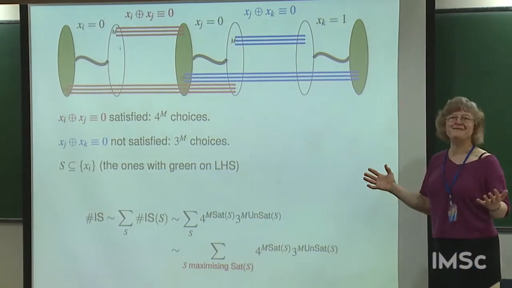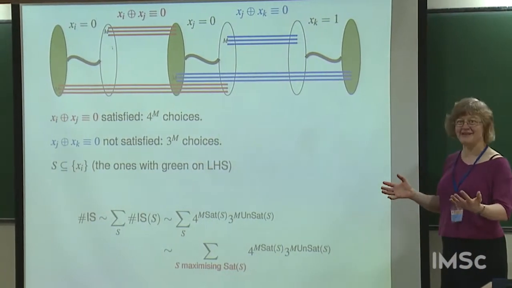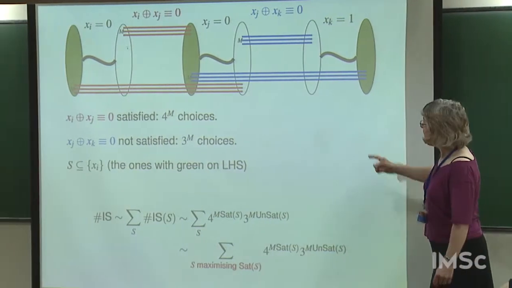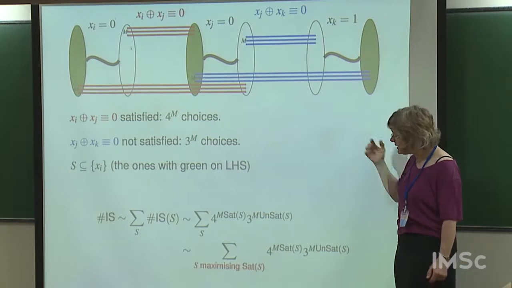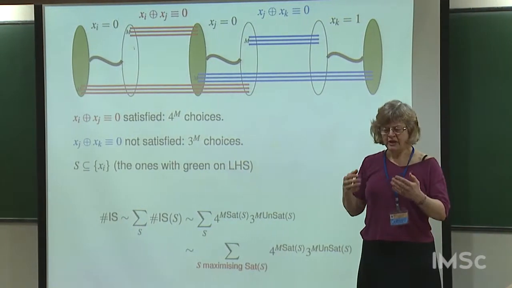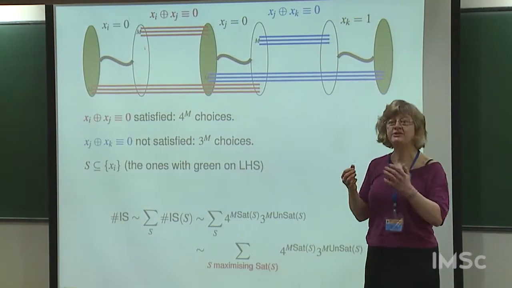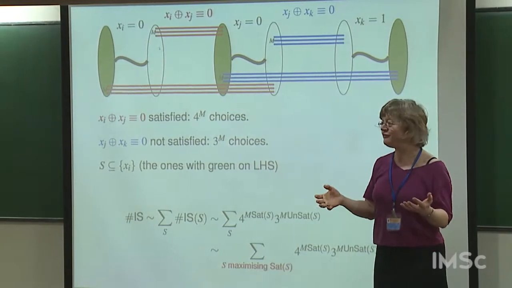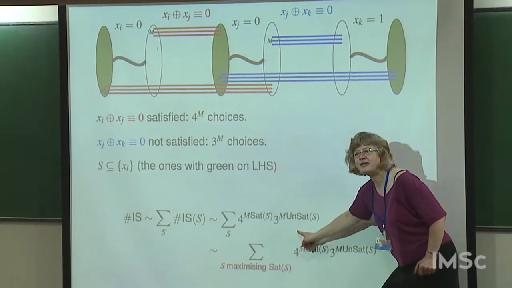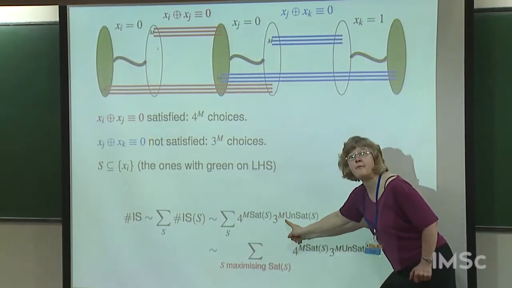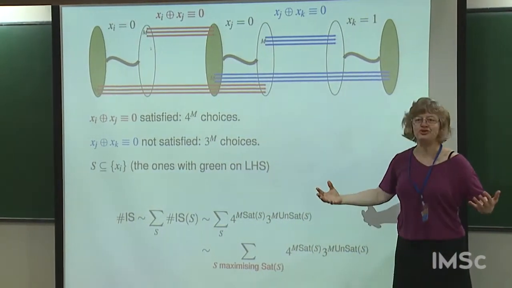And now the whole point is just the same as before, that M is huge. And if you don't satisfy a constraint, you lose a factor of 4/3, right? Because you could have had a 4, but you get a 3. And it's 4/3 to the M. M is huge.